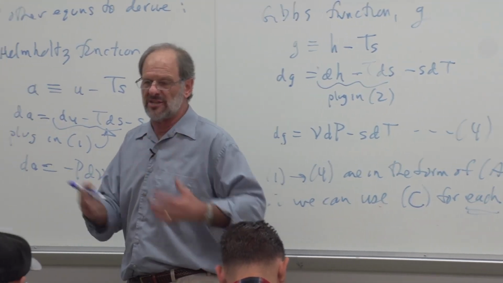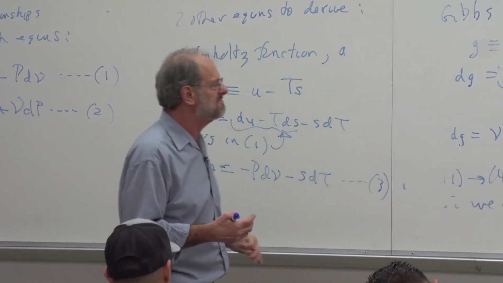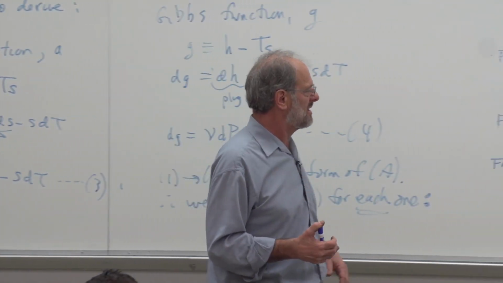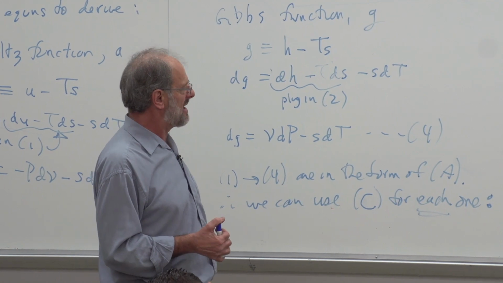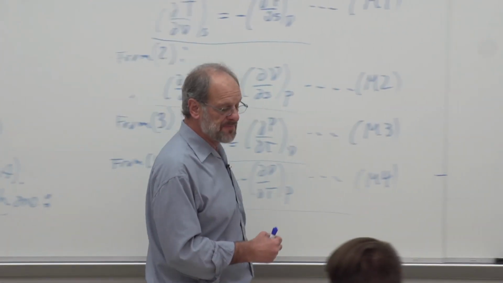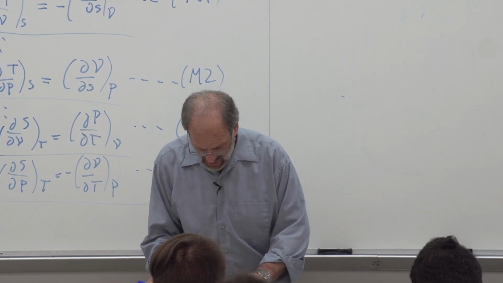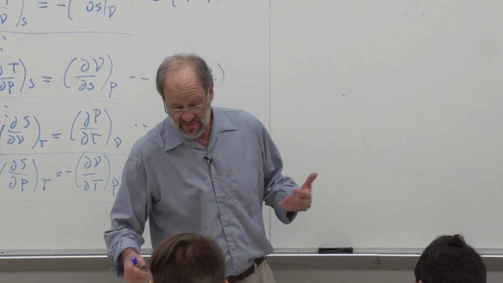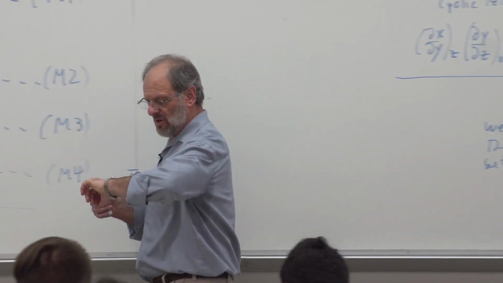We're not dealing with any electrical work or magnetic effects or anything like that. No surface tension forces. None of those forces are going to be included here. So we're still dealing with a simple compressible system. Nonetheless, we now have 4 relationships that we can utilize. And believe it or not, these are the types of relationships that we would utilize when we're creating thermodynamic property tables. So let me just go through an example problem.